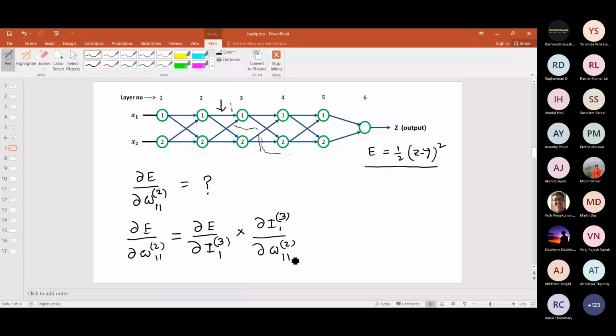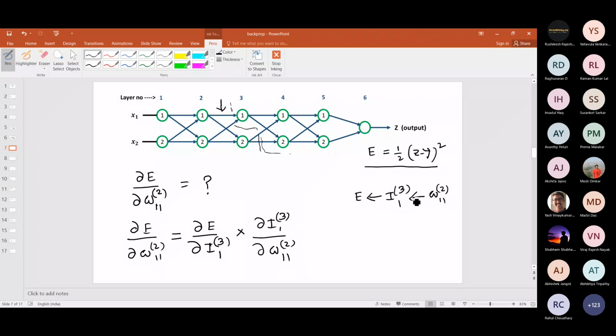Okay, so what I'm trying to say is that E depends on this I31, and then I31 depends on this W211.